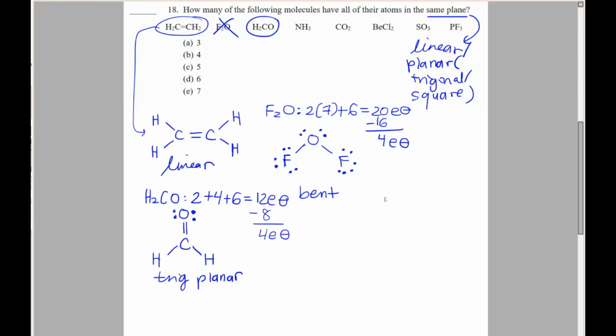For NH3, we can do the same thing. We know that nitrogen has 5 valence electrons, and 3 hydrogens means 3, so 5 plus 3 is 8 valence electrons. And because hydrogen can never be our central atom, the central atom is going to be nitrogen. So our general sort of Lewis structure is going to look something like this.